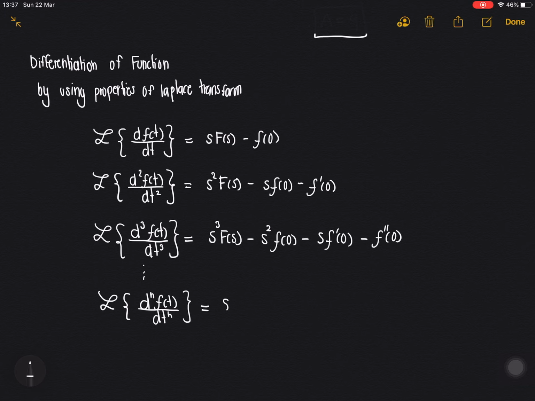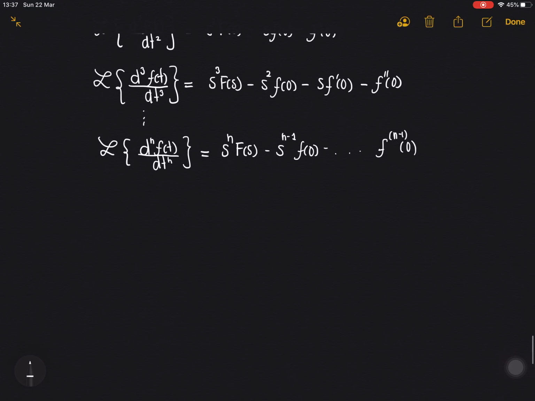So you will have s to the power of n F(s) minus s to the power of n minus 1 f(0), and then minus, until you have f to the power of n minus 1 of 0. So here are the properties of the differentiation of functions, right?